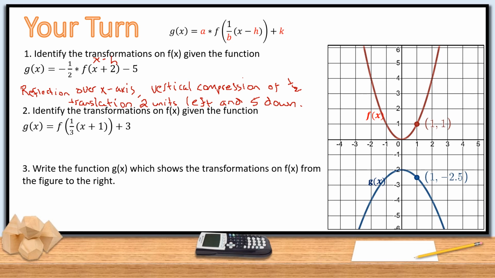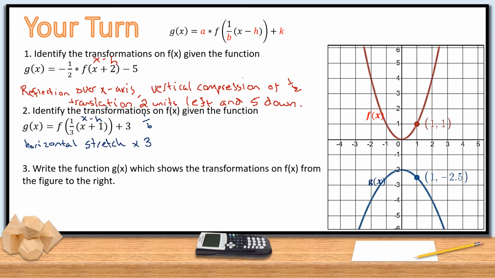All right, number 2, identify the transformations on the given function. We've got f. There's nothing in the a spot, so no vertical ones, but there is something in the b spot. And remember, it's 1 over b, so that means b is 3. So that is a horizontal. 3 is larger than 1, so it's a horizontal stretch by a scale factor of 3.